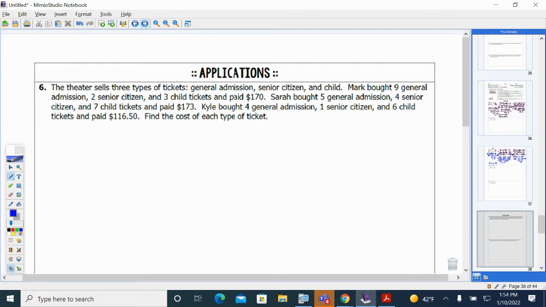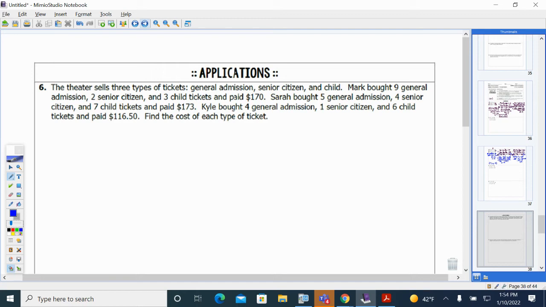Mark bought 9 general admission, 2 senior citizen, and 3 child tickets and paid $170. Sarah bought 5 general admission, 4 senior citizen, and 7 child tickets and paid $173. And then Kyle bought 4 general admission, 1 senior citizen, and 6 child tickets and paid $116.50. Find the cost of each type of ticket.